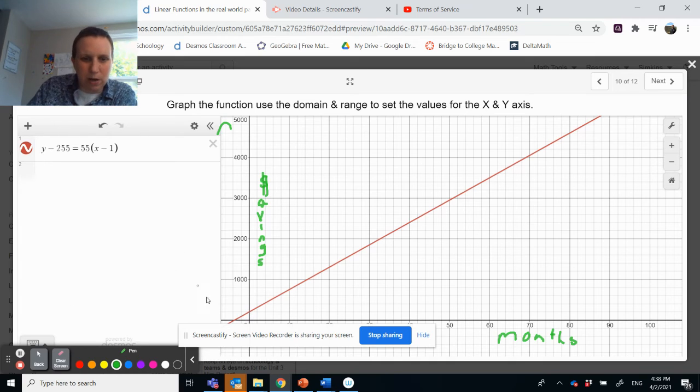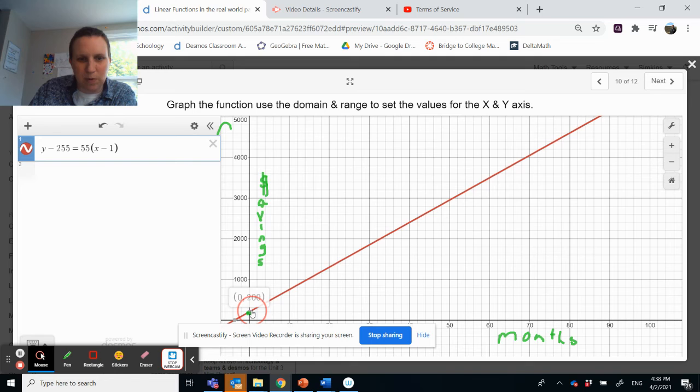I'm going to go here to this point at 0, and I'm just going to click on that point using Desmos. I'm going to find 0, and I see that the y coordinate when x is 0 is 200. So it's going to be 0, 200.